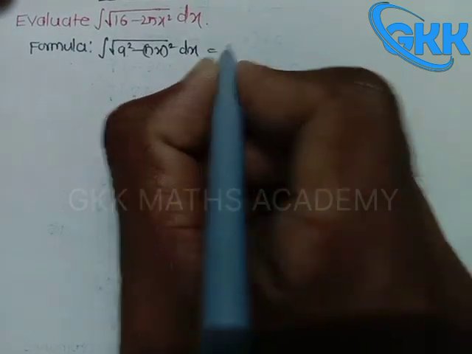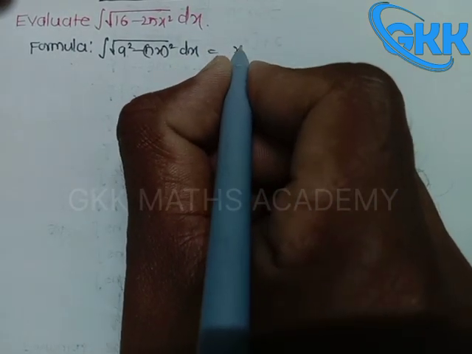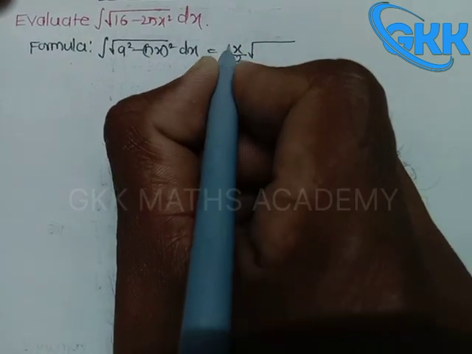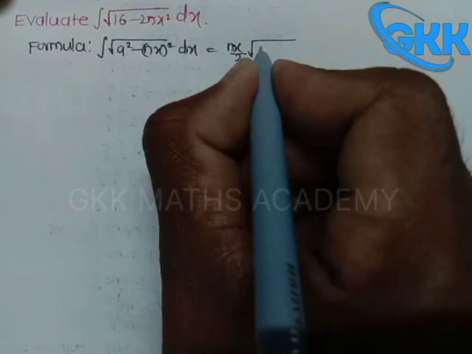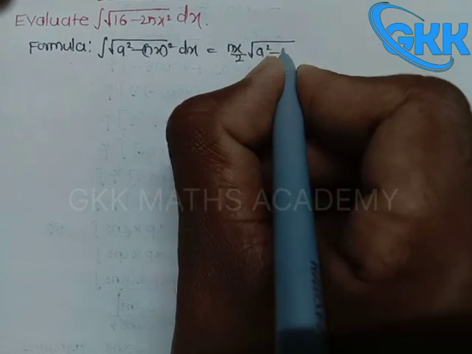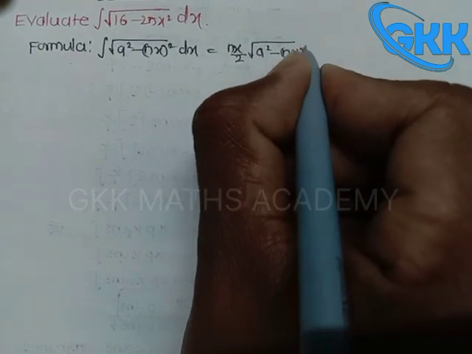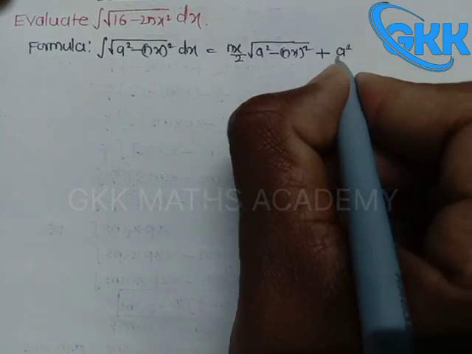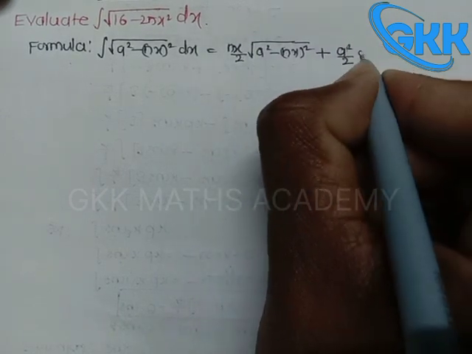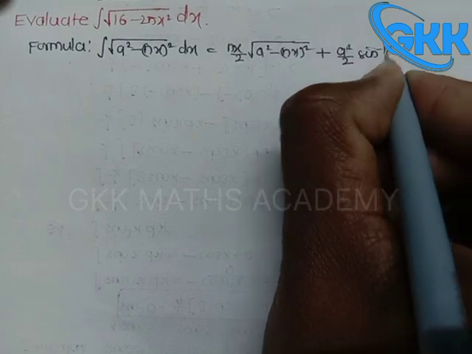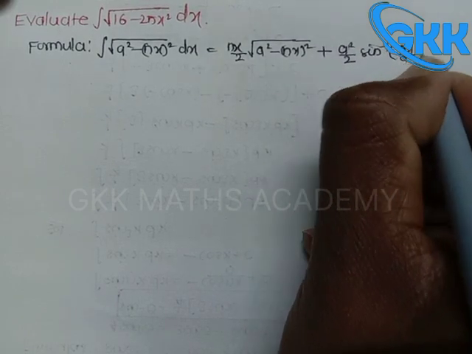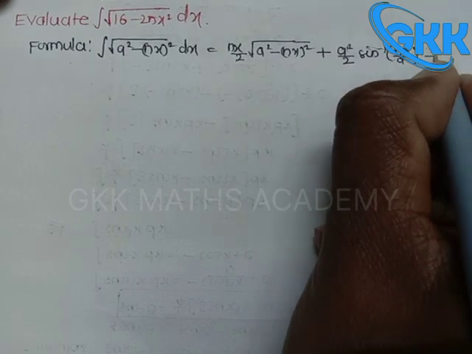What is the formula? Same formula as we just discussed: x upon 2 times the square root of a square minus nx whole square, plus a square upon 2 times the negative sine inverse of x upon a, plus c.